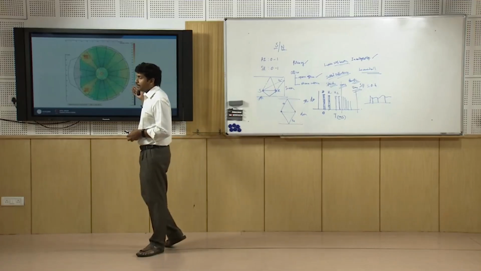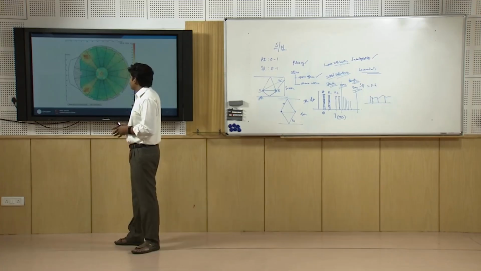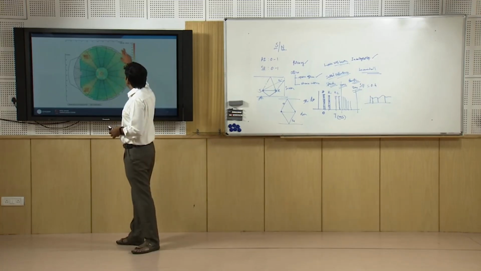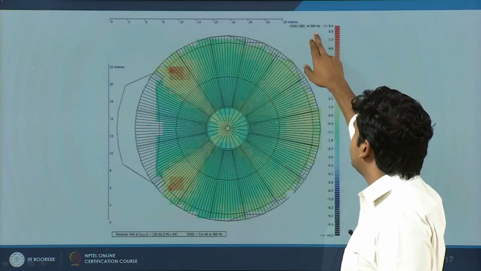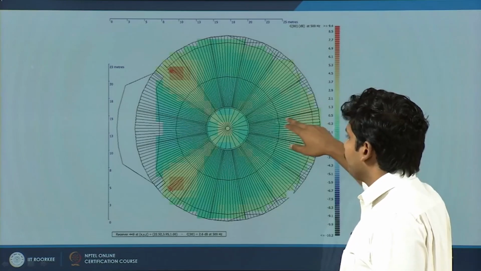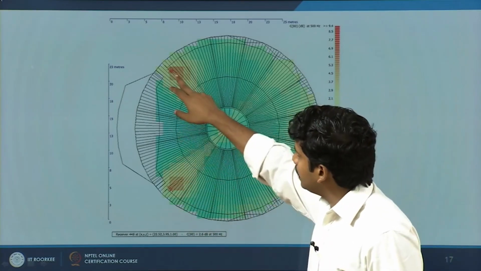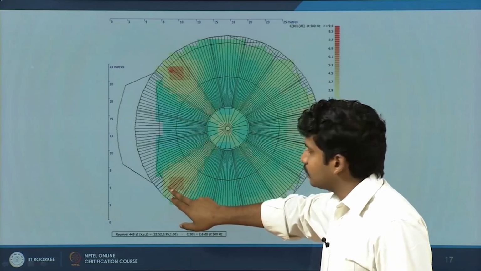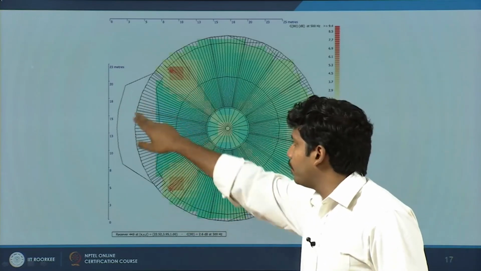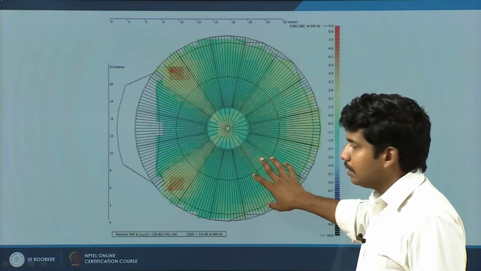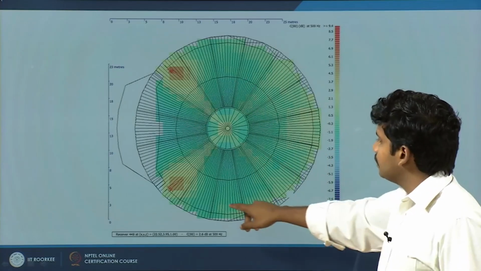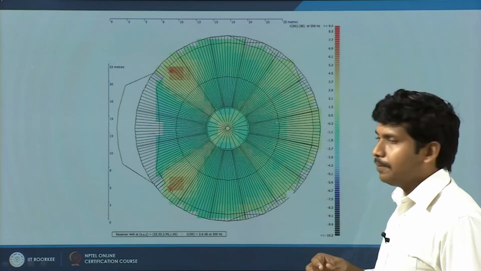For the same circular hall we were seeing in the previous example, we determined the clarity. This is at 500 hertz, and as I said it is in decibels. You have speakers here, there is one set of speakers, there is one more set of speakers in this, this is a podium, and people are seated here. So the clarity actually varies considerably with position.